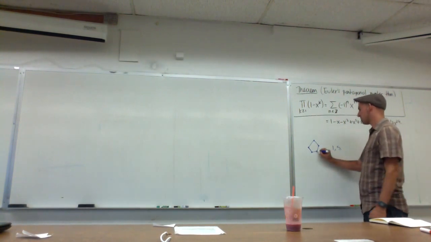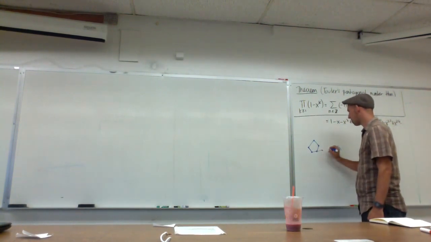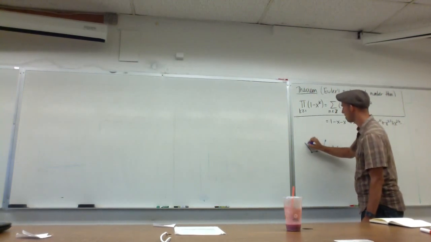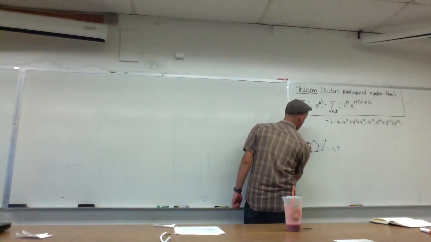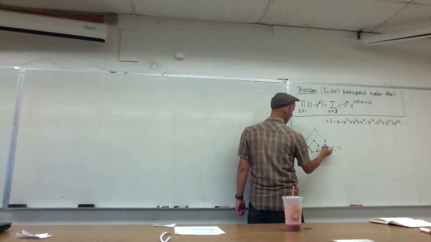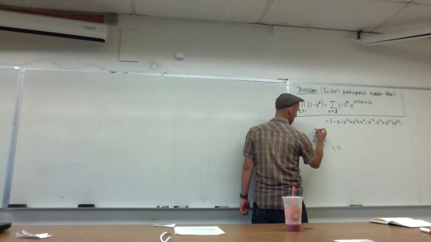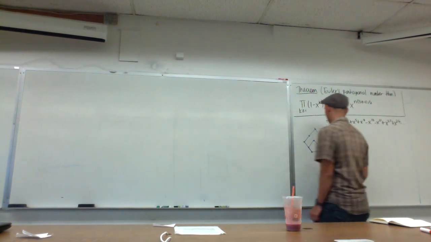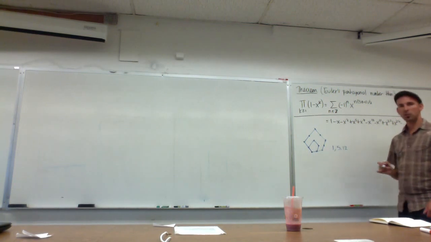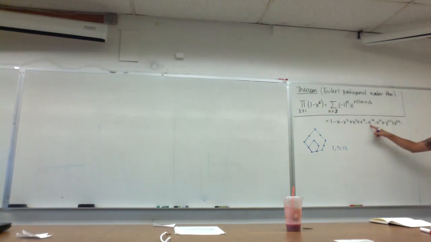Now let's introduce another layer. If I put the one of side length 2, it looks like this. I get points like this. I add 1, 2, 3, 4, 5, 6, 7. So I get 12 points. Then if you put the next layer, you're going to get 22 points and so on.